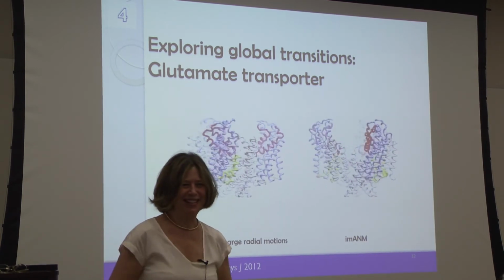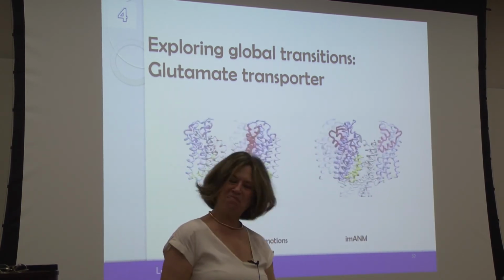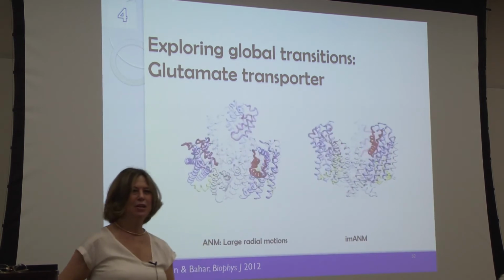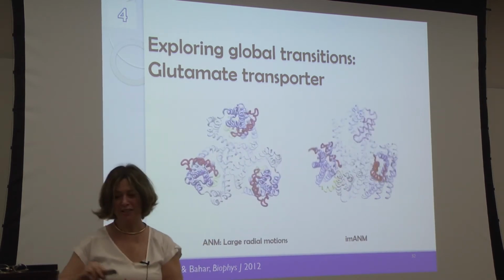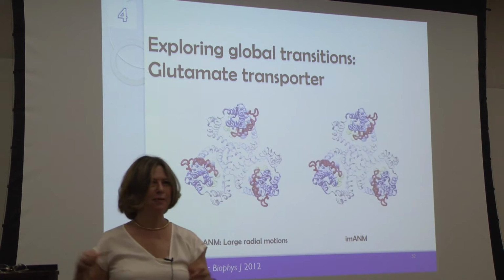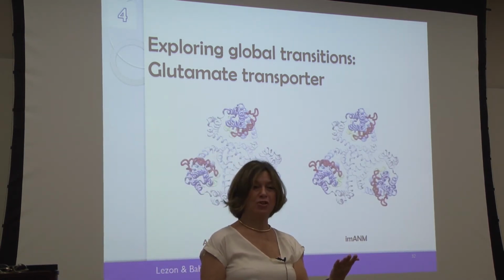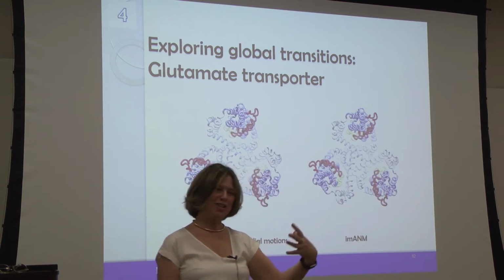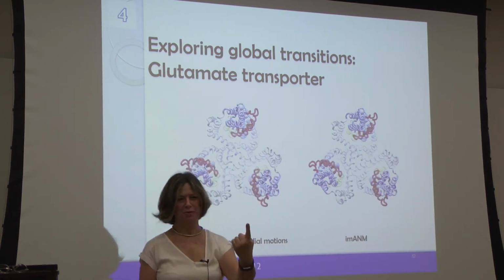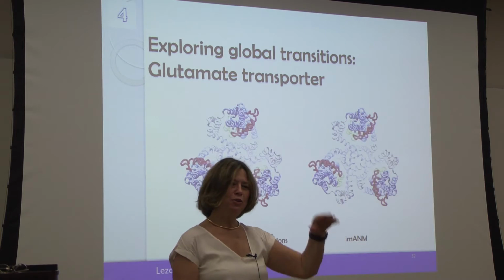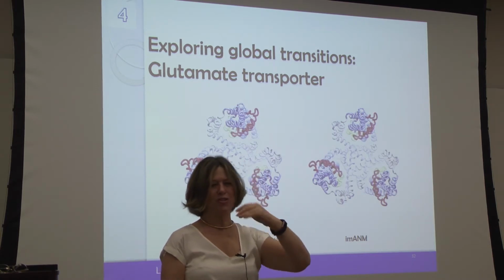You had a question? So how do you tune the magnitude of the force constant? We don't know. We don't know. Now, you must put in a value for it. That's true, and we always. So what we have been doing, whenever there is an X-ray structure, we have been adjusting the force constant, a single parameter if you like, to get the absolute value of fluctuations.